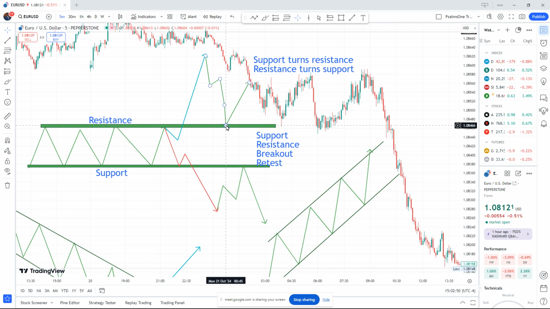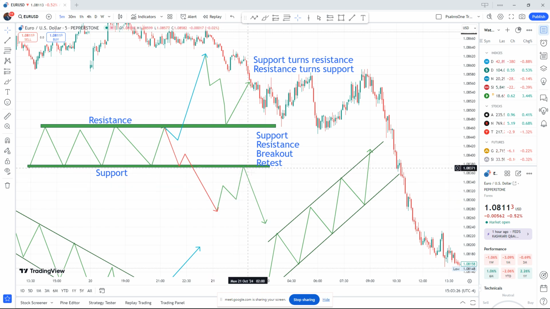After a breakout, the market comes back to this level. When the resistance is broken towards this side, it turns to support, and whenever the market goes back to that level, you expect price to go up again.